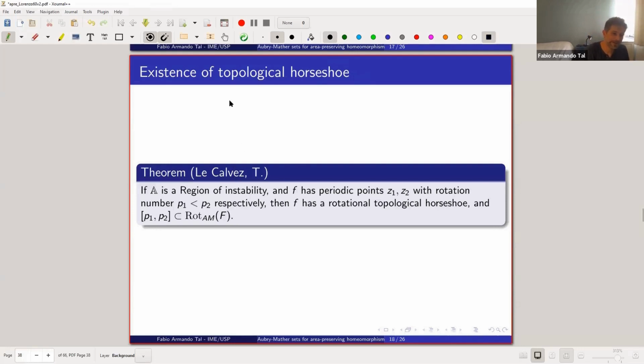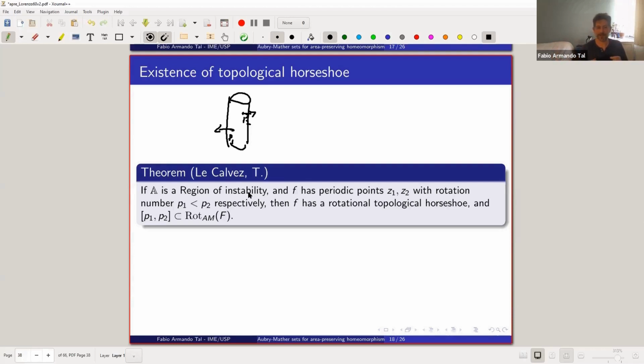It just says that if this annulus is a region of instability, and I have two points, P1 and P2, moving with different speeds, then I can find this same sort of heteroclinic cycle. Not connecting P1 and P2 themselves, but a periodic point which rotates with the same speed as P1 and a periodic point which rotates with the same speed as P2.